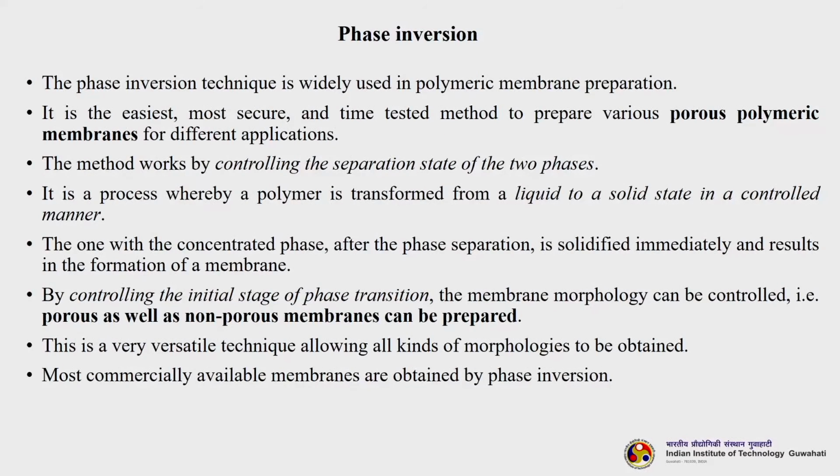Phase inversion is widely used for polymeric membrane preparation. It is the easiest, most secure and time tested method to prepare various porous polymeric membranes for different applications. The method works by controlling the separation state of the 2 phases. It is a process in which the polymer is transferred from a liquid state to a solid state under a controlled manner or atmosphere.